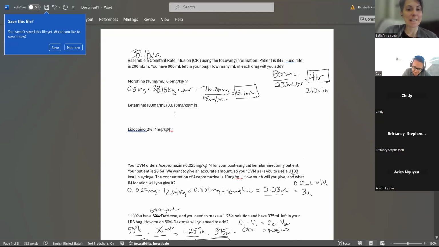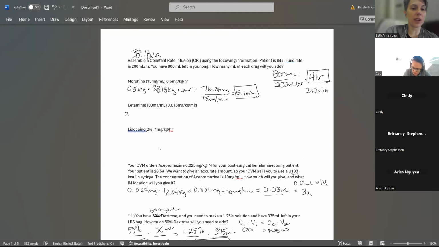Too many numbers. Okay, so now for ketamine, we're going to set it up very similarly. 0.018 milligrams times our kilograms. That would be if I just did a bolus of that, but I don't want a bolus.